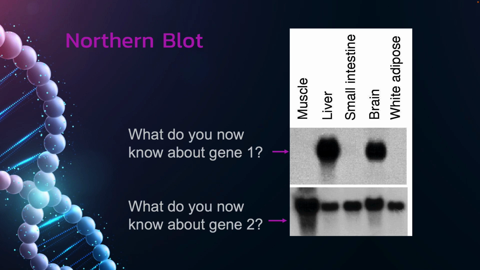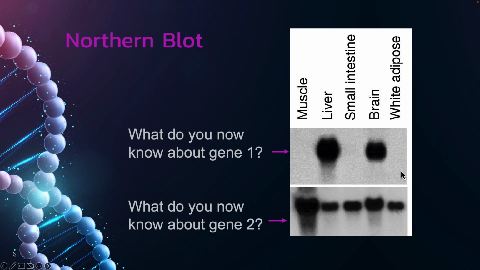We extract the RNA from those tissues, right? We run it out on the gel, and we probe. So I've extracted muscle RNA, liver RNA, small intestine RNA, brain RNA, fat RNA.